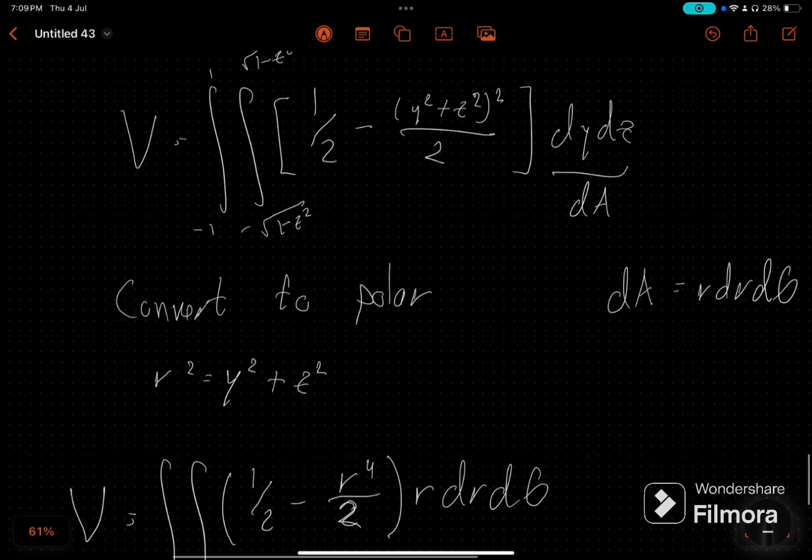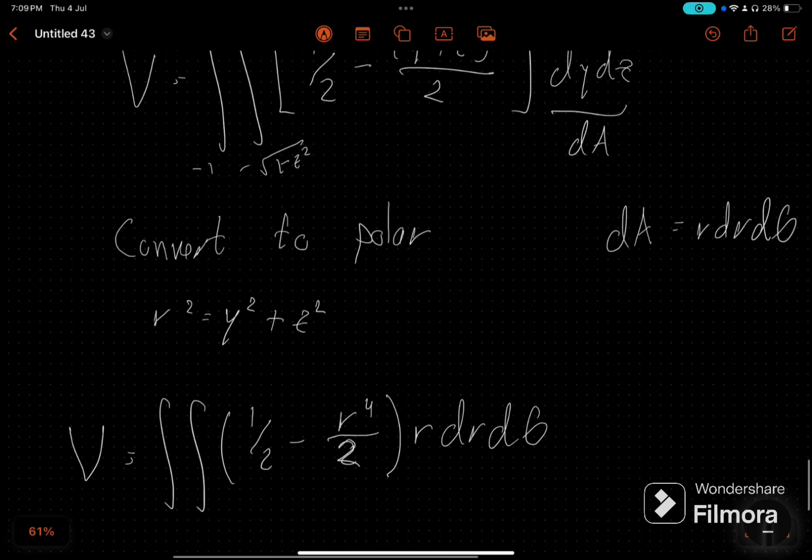And to convert also the limits here, theta goes from 0 to pi. So here we're gonna have two different things. We have y equals r cosine theta, and z equals r sine theta.